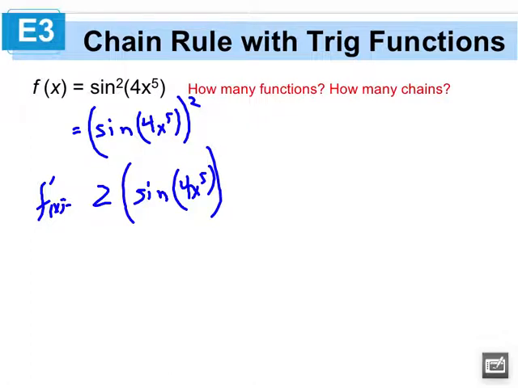So, okay, which function is the next layer of the onion? The sine, right. So now I take the derivative of the sine function, which would be cosine, of that thing, whatever it is, times the last chain, which is the derivative of that, 20x to the 4th.